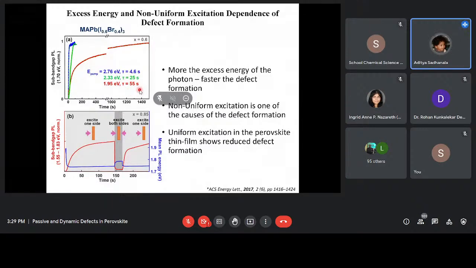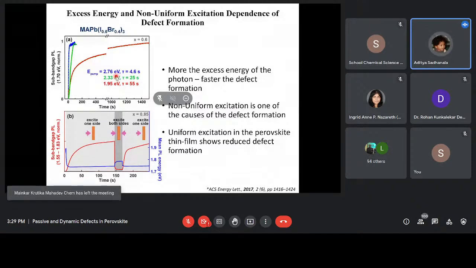So this is telling you that in all these cases, the point to remember is you are exciting with the same number of photons. So at the end of the day, you are going to create the same number of electrons and holes with all these three excitations. The only difference is that in the excitation with this blue laser, which is 2.75 eV, you are creating a high energy electron-hole pair.